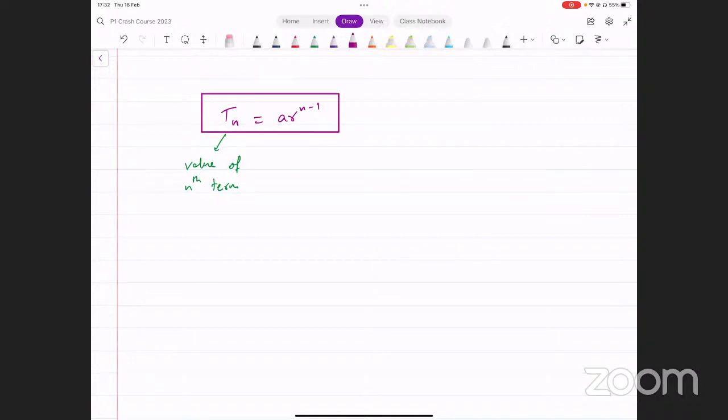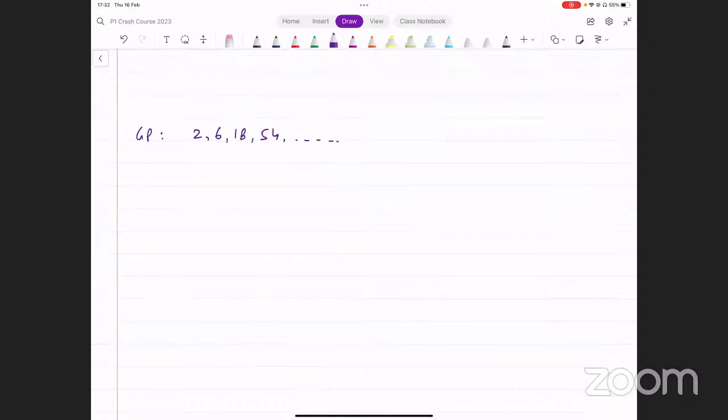Okay. So for example, if I had a geometric progression that looked like this, 2, 6, 18, 54, and somebody was to ask you what the fifth term is, that would be pretty straightforward because you have 4 terms here.